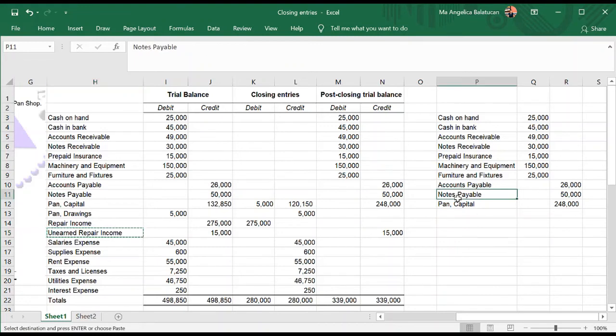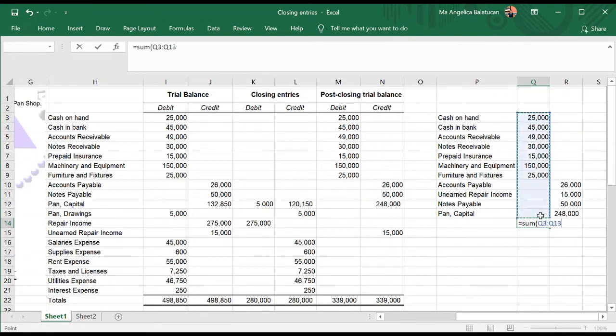So we'll place it here. You can just place it anywhere on the liabilities side. I'm going to arrange it according to the assets, liabilities, and capital. And then we're going to sum up the debit and the credit columns. Okay, so that would be the post-closing trial balance.